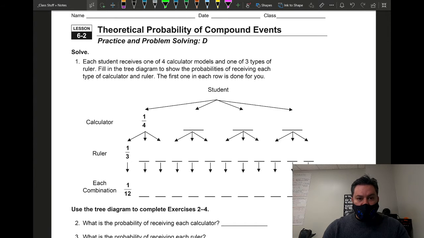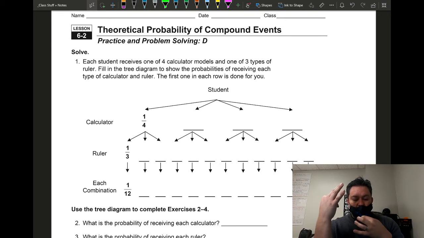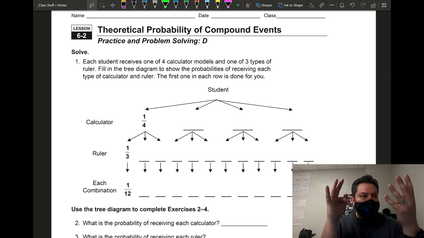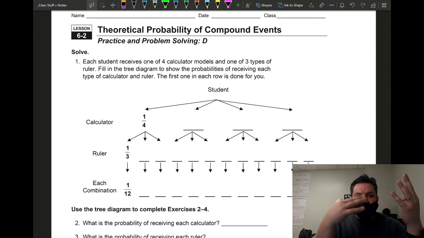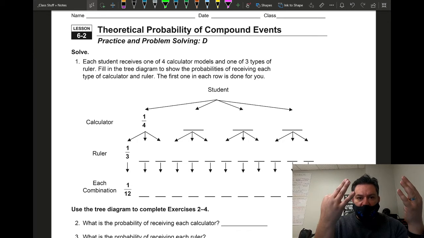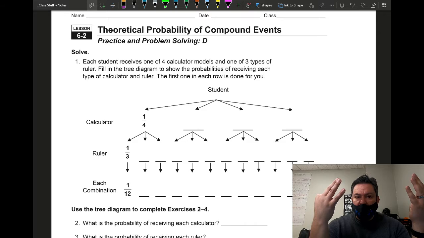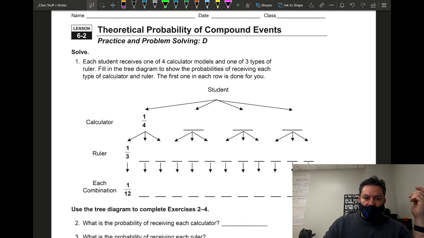So basically, they're just giving you the fractions. Now, there's 4 different types of calculators and 3 different types of rulers, okay? Whenever we need to find the compound probability, to find the total possible outcomes, all we have to do is multiply those 2 numbers. 4 times 3, which is 12.